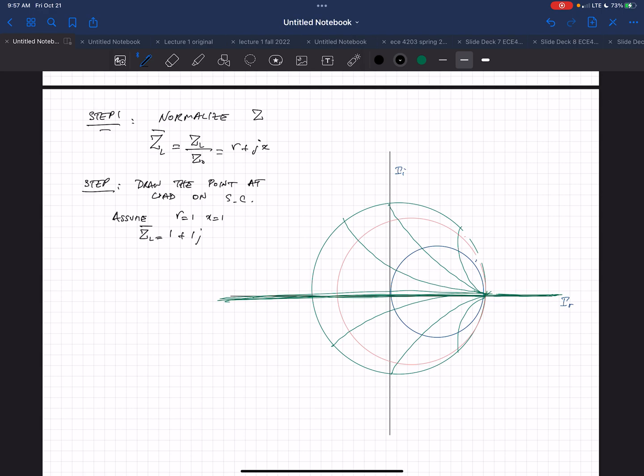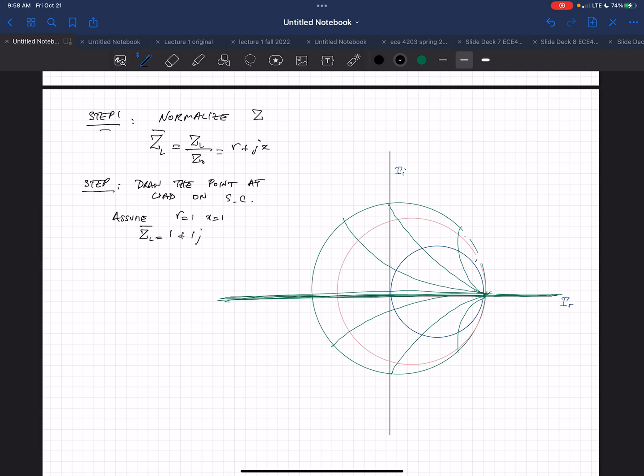So if my characteristic impedance was 50 ohms, it means the load I have is a 50 ohm resistor and a 50 ohm inductive reactance, so you'd end up with 50 plus J50 at the frequency I'm running at. Okay.